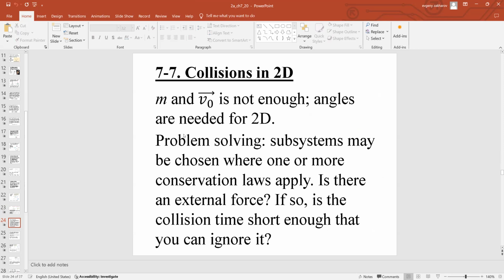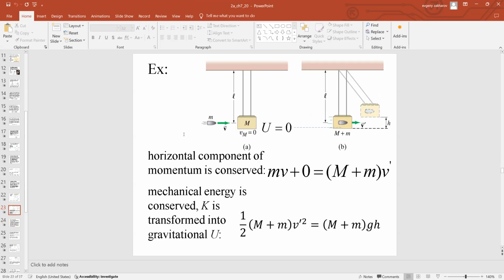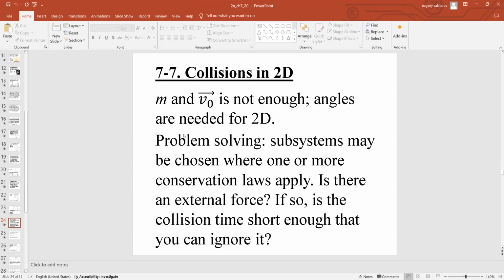Now, collisions in two dimensions. It was collision in only one dimension, just x. Now, let's say we have not a head-on collision, but a collision to a side. Say, if you hit a pool ball from the side, it will not go straight. It will go at a certain angle.